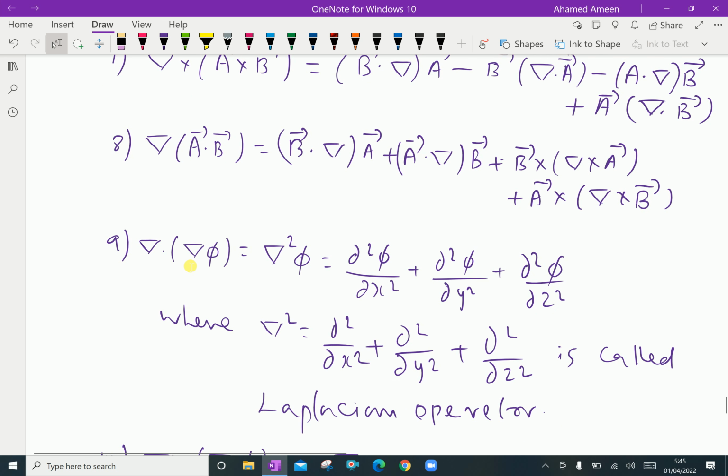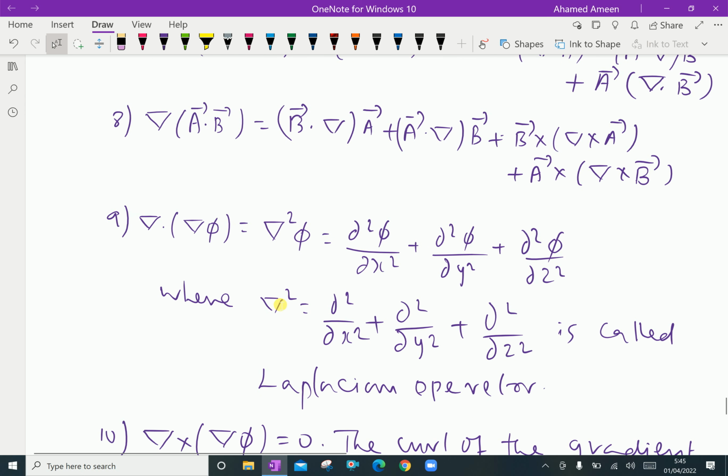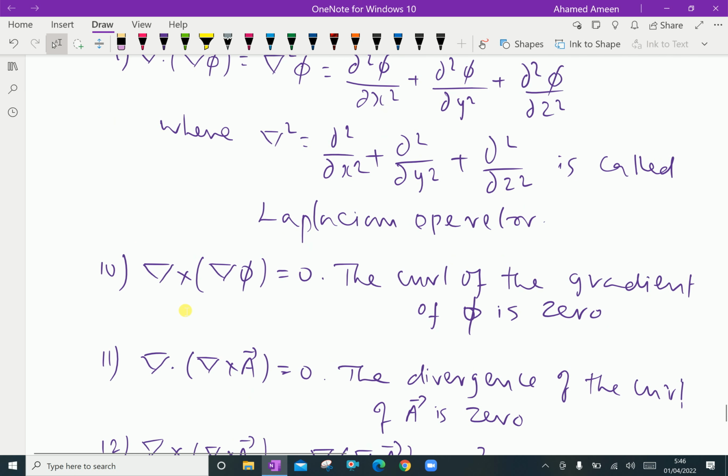Delta of delta phi is equal to delta square phi, that is given by ∂²phi/∂x² plus likewise y and z, where delta square is called the Laplacian operator. The delta square is the Laplacian operator. Next, delta cross delta of phi is 0. The curl of the gradient of phi is 0.